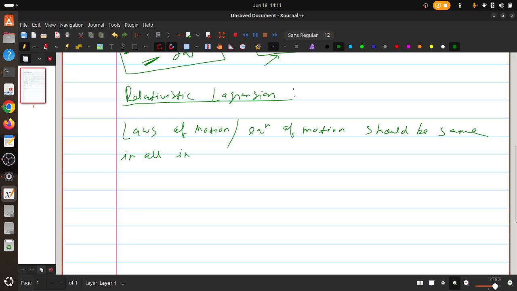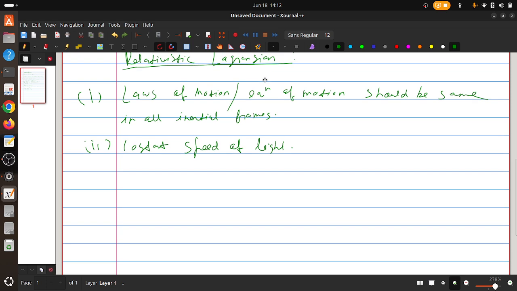If you remember when I introduced relativity to you, this was the first axiom of the relativity principle, and the second axiom was the constant speed of light. That was our introduction to the concept of relativity.